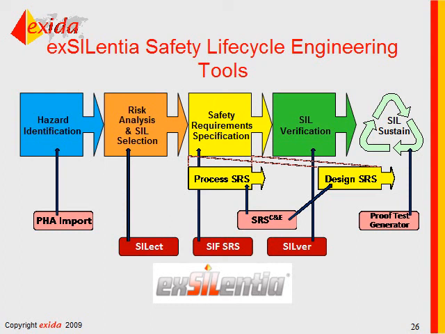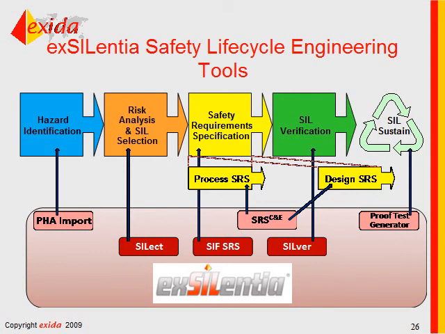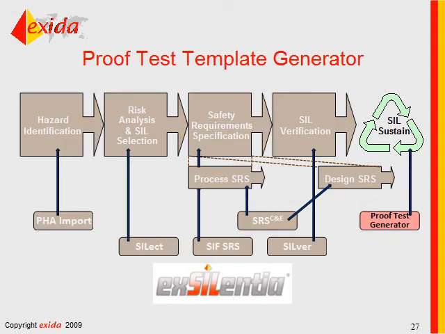And the design SRS that documents all the assumptions that we make during the SIL verification. For example, proof testing. What is the proof test coverage that we assume? What are the proof test intervals? But also the voting arrangements, any partial stroke testing that we may have assumed, etc. So that is something that we have implemented in our SRS C&E plugin, which also creates cause and effect matrices. And that at this point is the software.